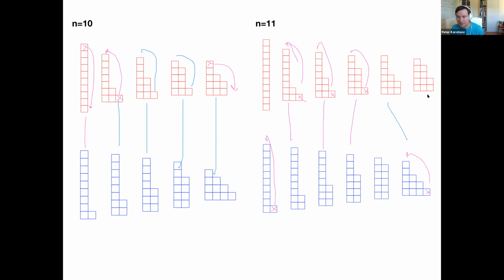Hold on, something's not right. That's 11. Here you need to move 2, right? When there are 2, it's a bit different.